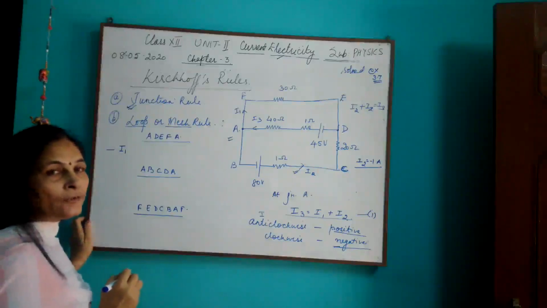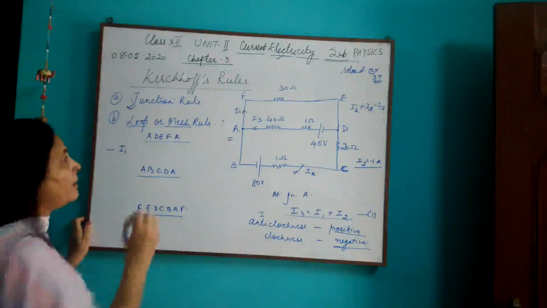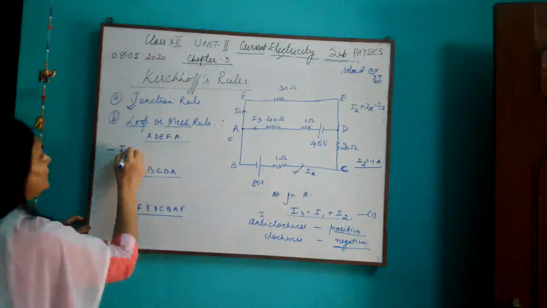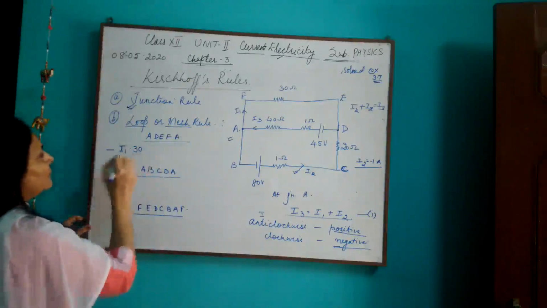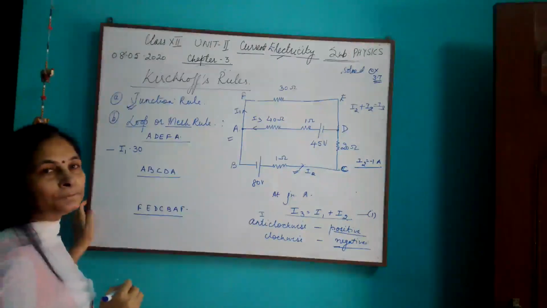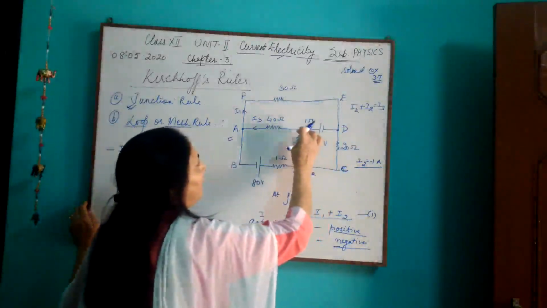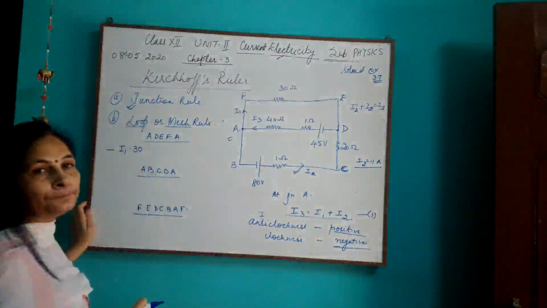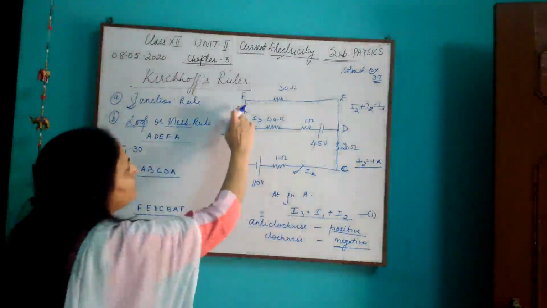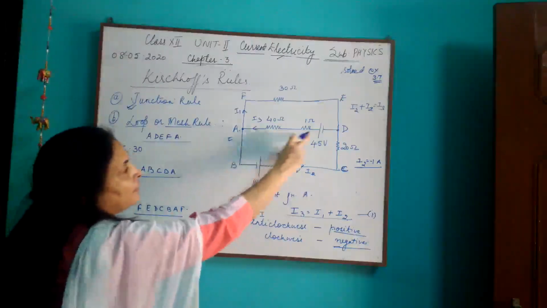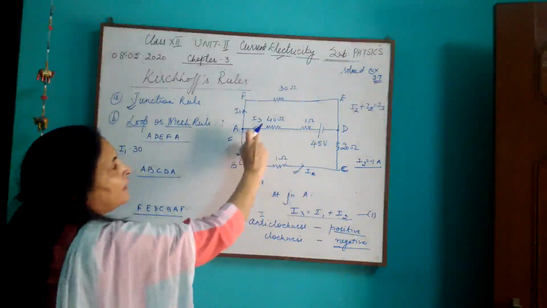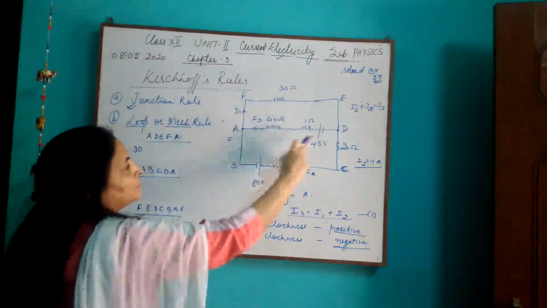And how will the potential difference be created? IR. I1 into 30. Come here. 1. Current is, see, I3. From here I3 is flowing through this branch. And I3 is going how?